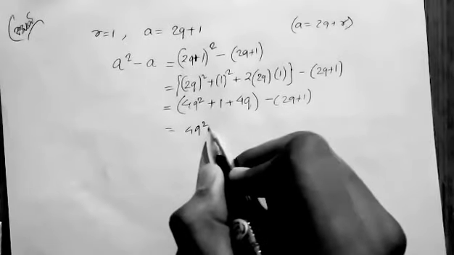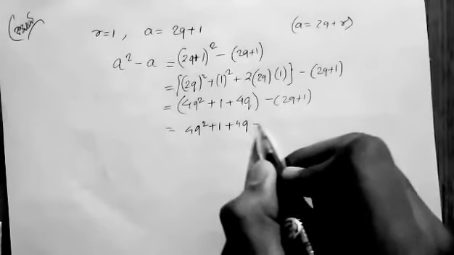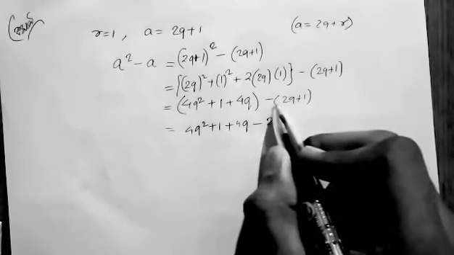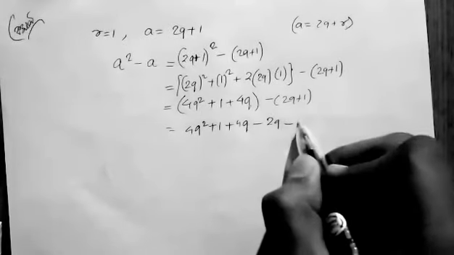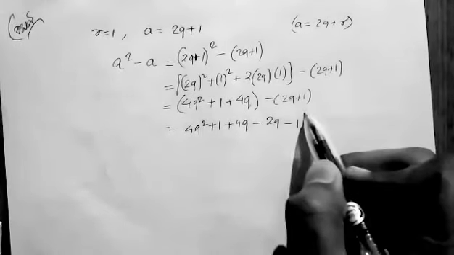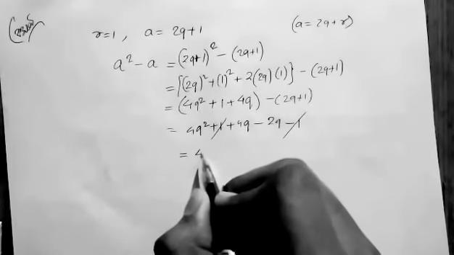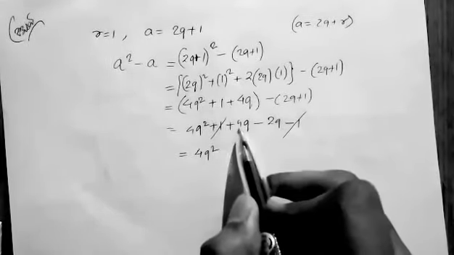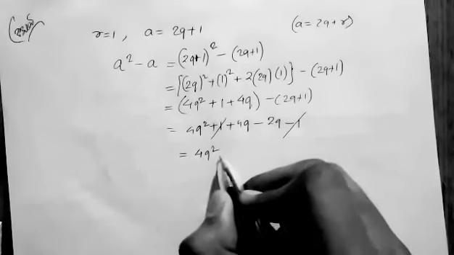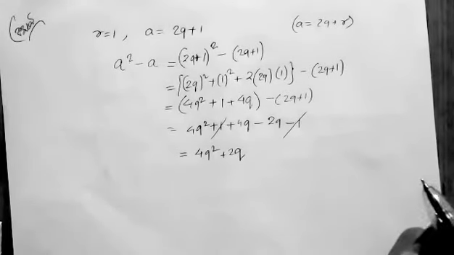You will get 4q square plus 1 plus 4q minus 2q minus 1. Now you will see that minus 1 and plus 1 cancel out, and you are left with 4q square, and 4q minus 2q is plus 2q, right? You are left with this term.